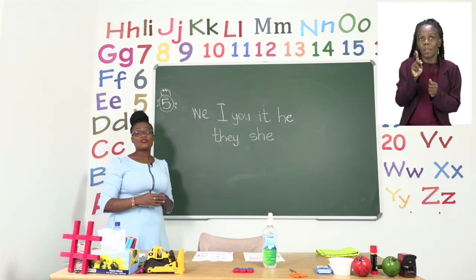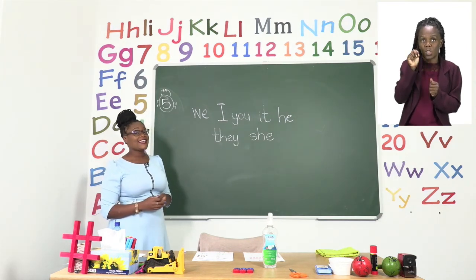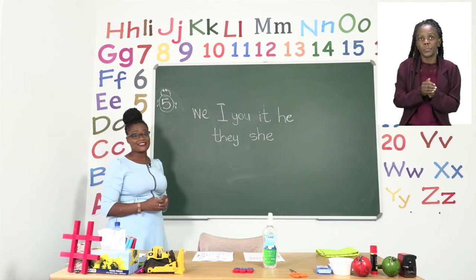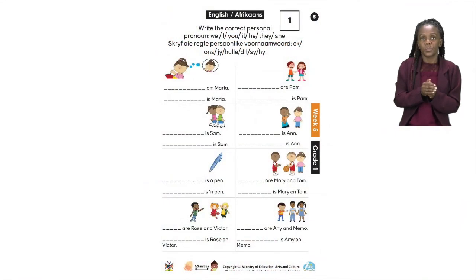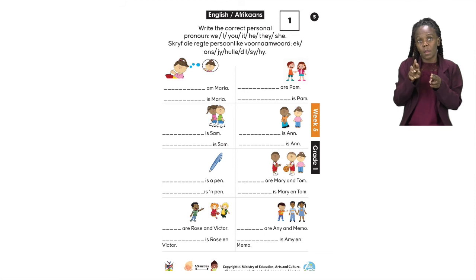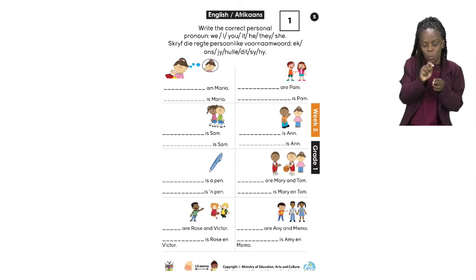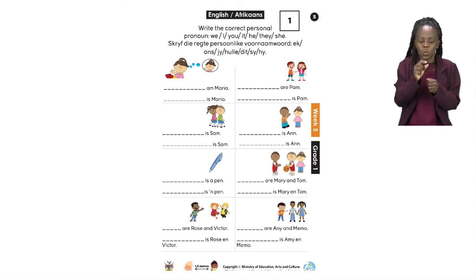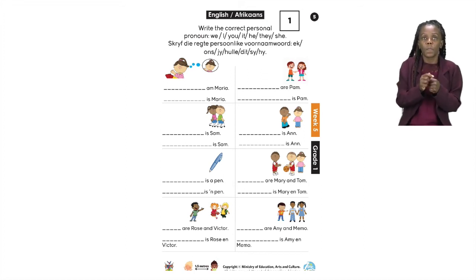So these are the personal pronouns. And now that we know how to use them, let's take a look at our exercise again. So on page 5, it is going to be your job to use the personal pronouns to fill in the missing word to complete the sentence. Let's take a look at the first picture where we have a girl and she is thinking about herself. Which word do we use then?